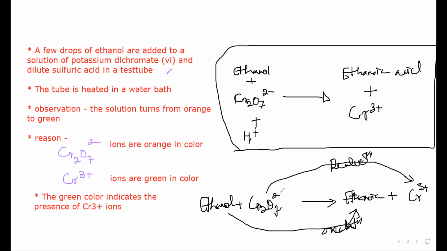So here when Cr2O72- changes to Cr3+, the color changes. That is the observation we see: green, and this is orange. So when the solution turns green, we can confirm that the Cr3+ ion is formed. Why?